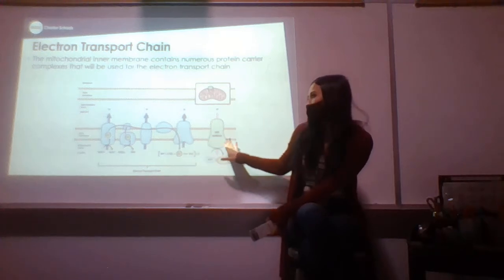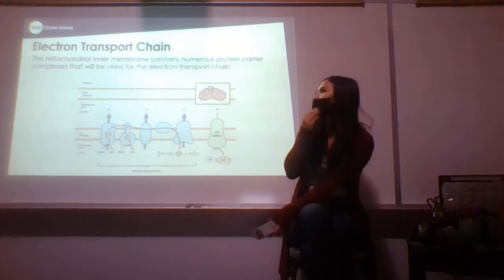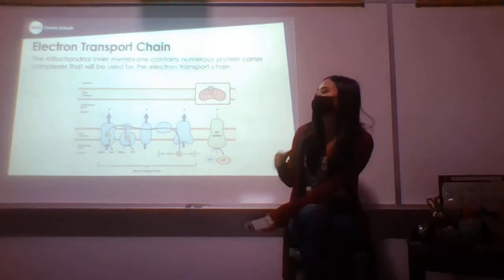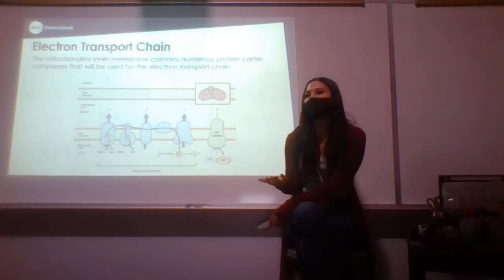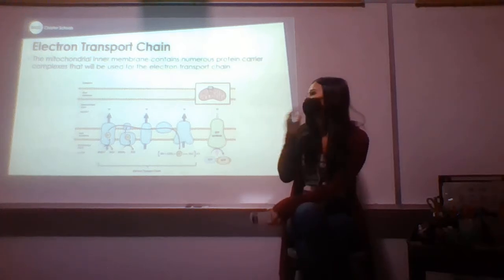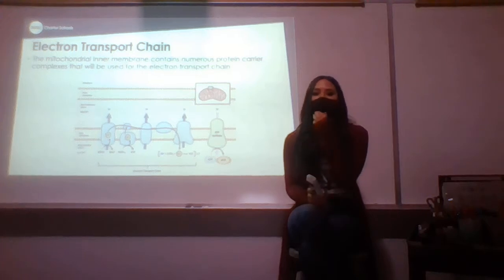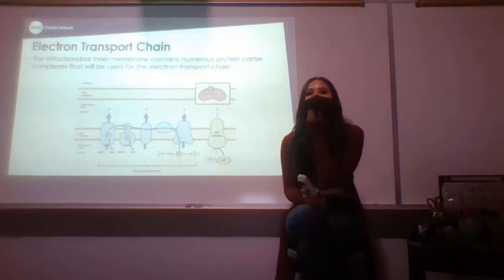So mosaic referring to the fact that membranes have a bunch of different protein complexes in them. And in this case, these protein carrier complexes will be used for the electron transport chain. So it's just like the name sounds. So electrons are going to be transported in a chain throughout all of these different molecules, and energy will be transferred to be able to turn ADP back into ATP.